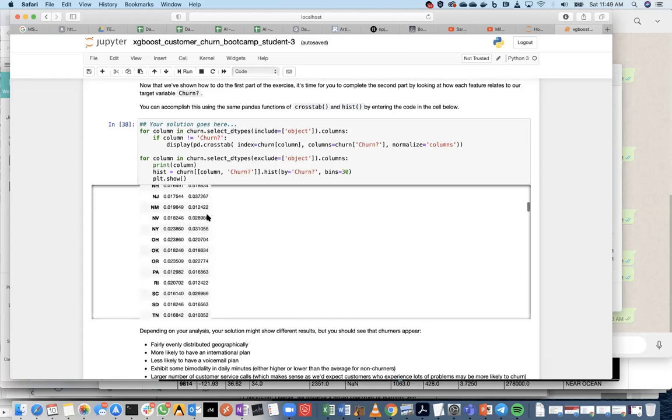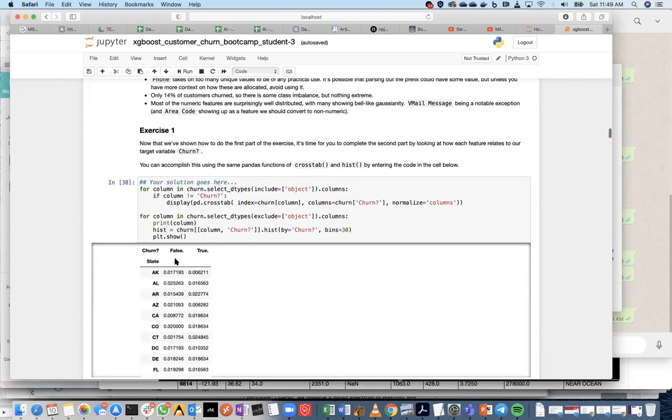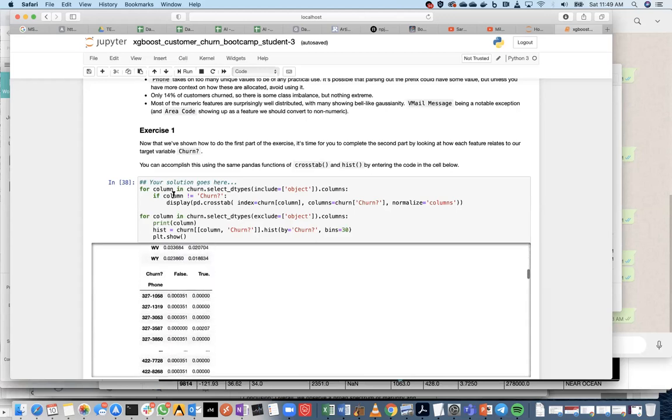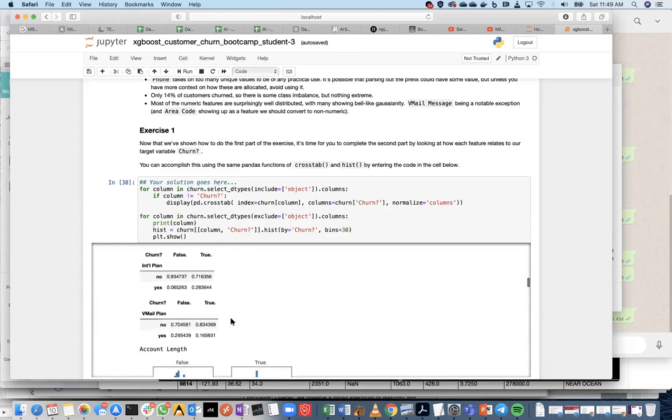Here they use the cross tab, and we have false and true. These are the customers who churn, and now you're looking at them by state. You can see this starts to give you more insight into the data. We're using the same code, just using the data types, and I'm not writing every column. Now I spend more of my time trying to look at it.